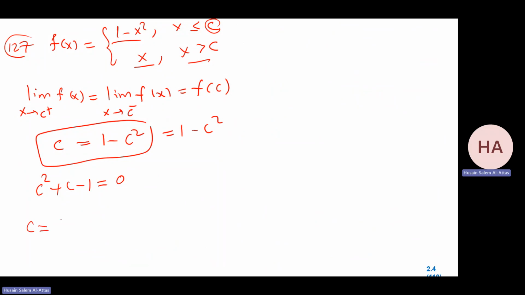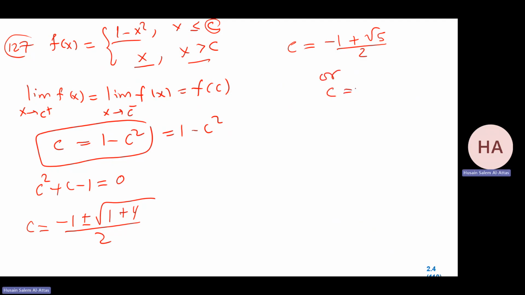Solve it by the formula: minus b plus or minus the square root of b squared minus 4ac, so 1 plus 4, over 2. So c should be minus 1 plus the square root of 5 over 2, or c equals minus 1 minus the square root of 5 over 2. Who cares? These are numbers. Okay.